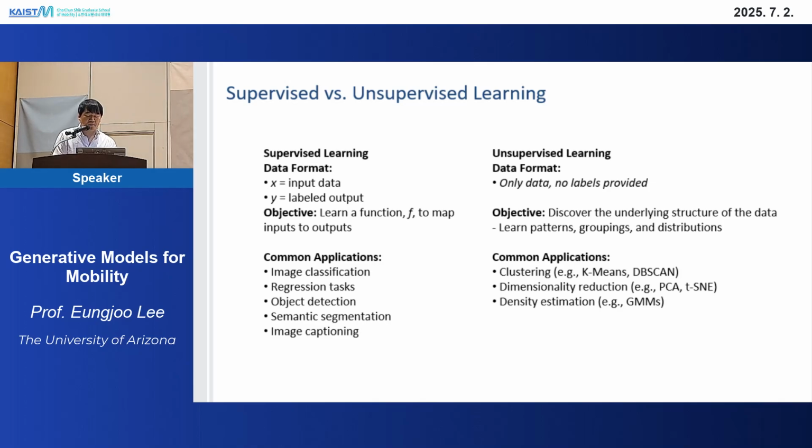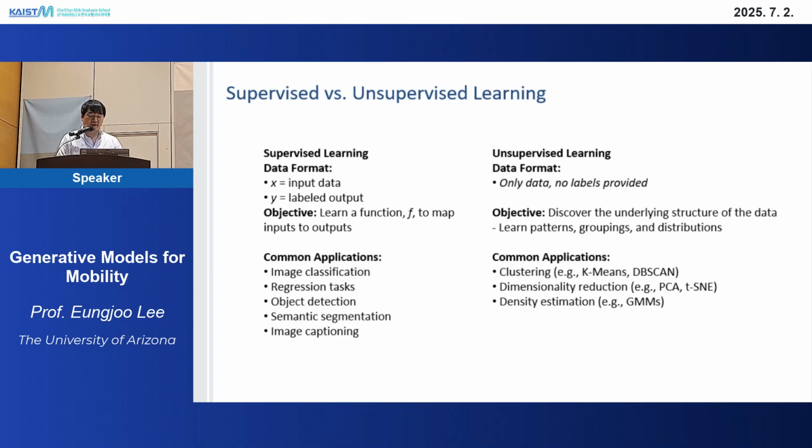That's the basic concept of generative AI, but let's start with the difference between supervised learning and unsupervised learning. For those who have used AI, you may know this concept and the differences as well. When you are working on supervised learning, you would have a data set, which is the input data, and also you would have labeled output annotation.